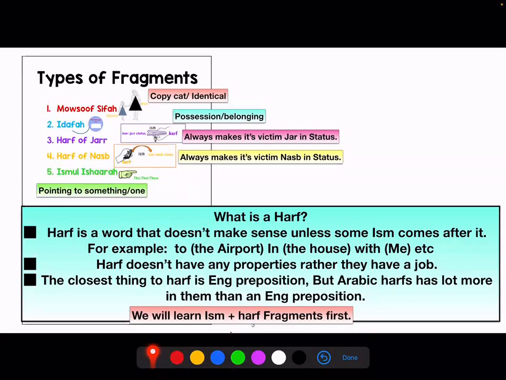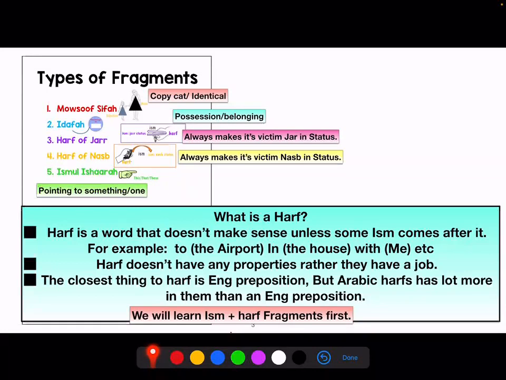So now, as we said, today we are going to learn Harf and Ism fragment, which is Harfu Jar and Ism Majrur fragment. And before we go there, we need to revise our Harf definition. What is a Harf?